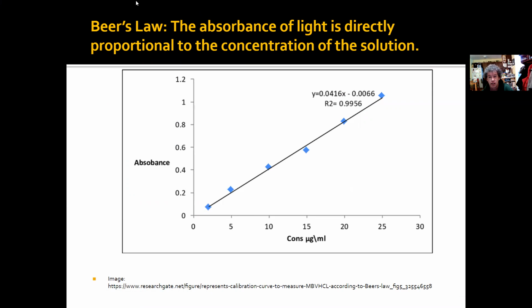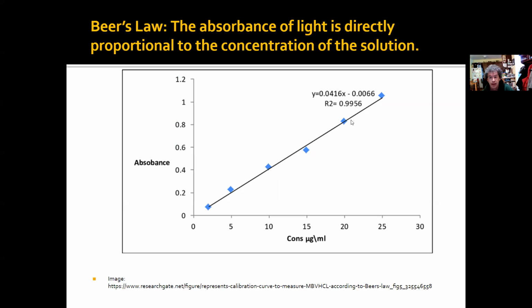And that's known as Beer's law, where the absorbance of light is directly proportional to the concentration of solution. And what you can do is actually plot, if you have known values of concentration, what is the absorbance of these known values.